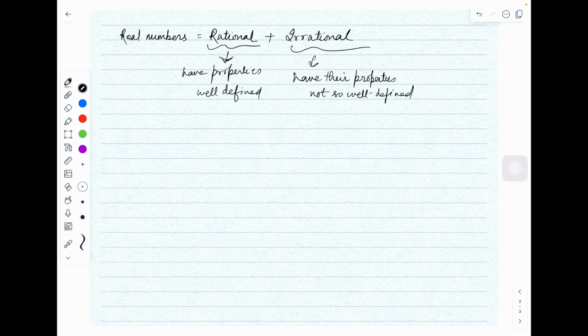Before going on to the different laws, I want to write two definitions. What are those two definitions?